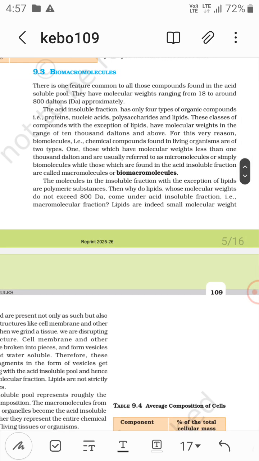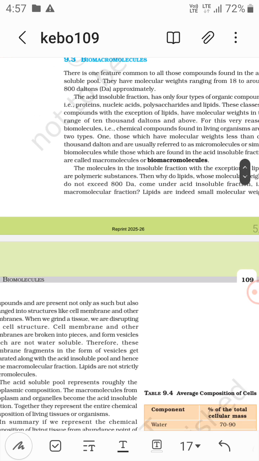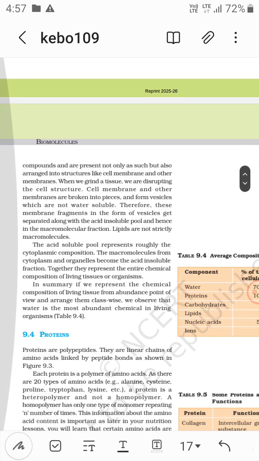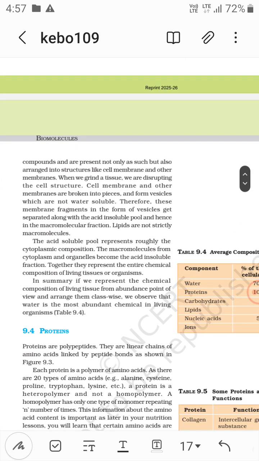Then why do lipids, whose molecular weights do not exceed 800 Dalton, come under the acid insoluble fraction? Because lipids are indeed of smaller molecular weight, but they are arranged into structures like the cell membrane and other membranes. Now when we grind the cell membrane and others, they form vesicles. These are water insoluble, so they remain as membrane fragments in the form of vesicles, separated along with the acid insoluble fraction, and hence in the macromolecular fraction.